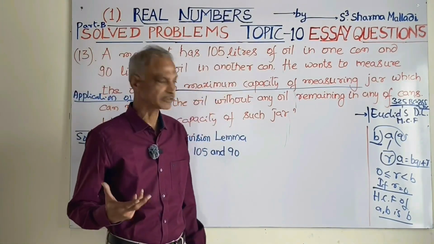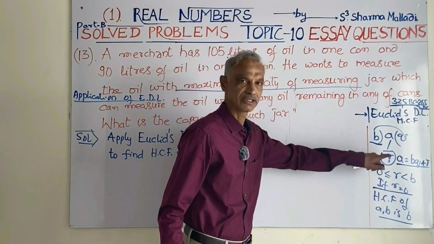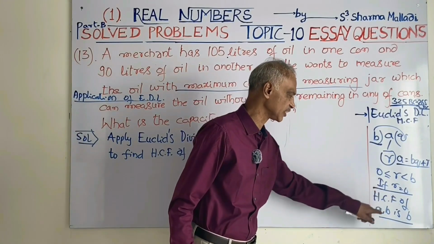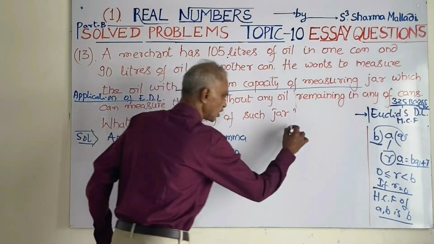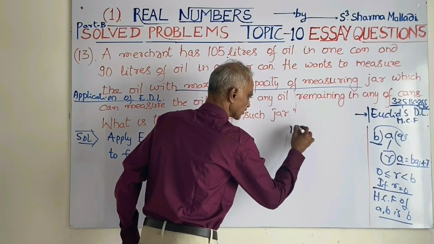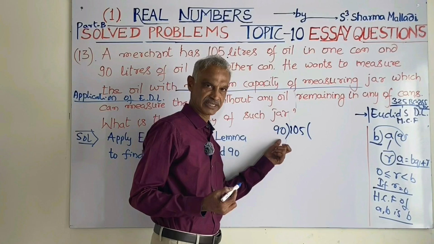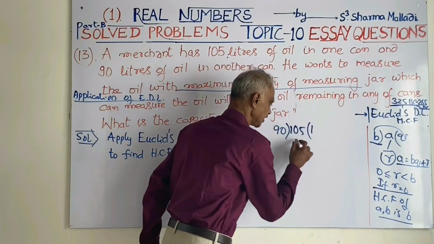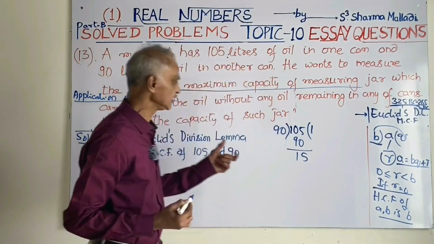How can you find out the HCF? If the remainder is 0, then what is the HCF of A and B? HCF of A and B is B. We have to divide 105 with 90. We will divide till the remainder is 0. 90 one time is 90, and you got 15 as the remainder.